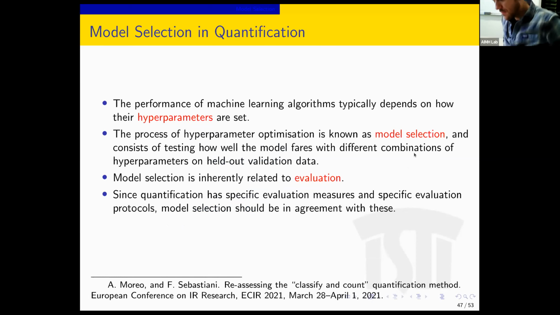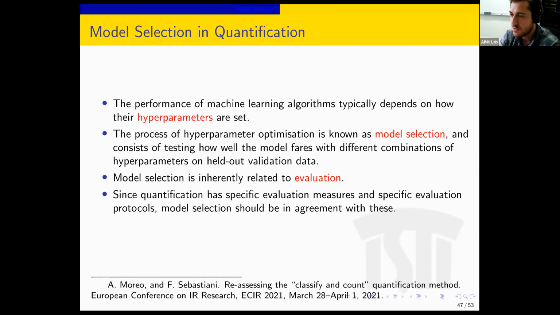It was one of the things I wanted to cover in the last session, but for reasons of time, I couldn't. So, what is model selection? Model selection is the process by which the hyperparameters of a model are chosen.